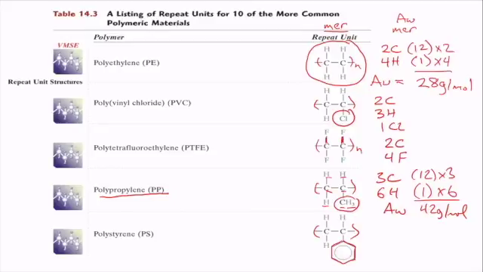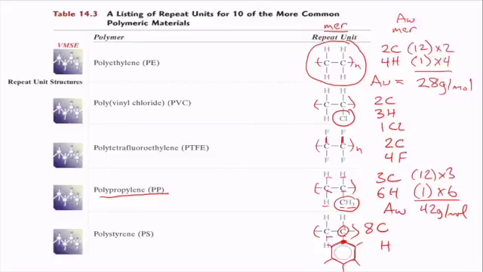And then this last one, let's see if we can get this one. How many carbons do we have? We have 1, 2, and then the aromatic ring or the phenyl group has 6, so that would be 8 carbons. Then there's 1, 2, 3 hydrogens on the main group, but there are also hydrogens hanging off of the extra attachment of the phenyl group. There's only 5 out of the 6 because the 6th carbon is attached to another carbon.